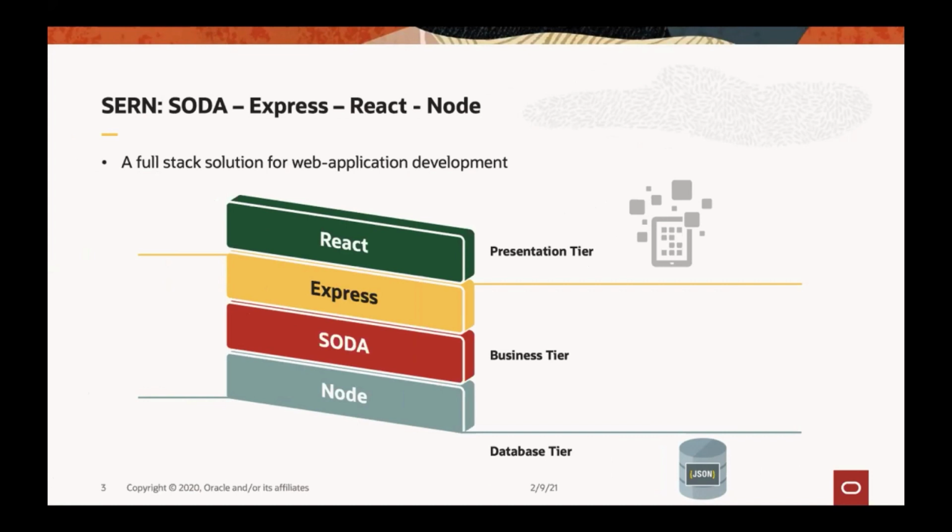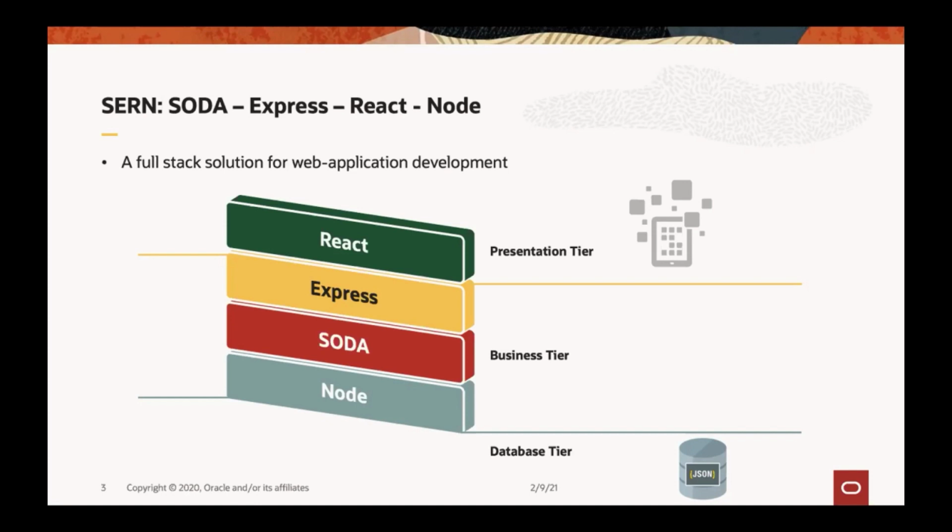That is the presentation tier. The business tier is somewhere on the cloud, probably a middleware where all the business logic runs. And the database tier is where your database sits. That's where all the data is persisted. All the user inputs are persisted in the database, and they are also fetched from the database when needed.